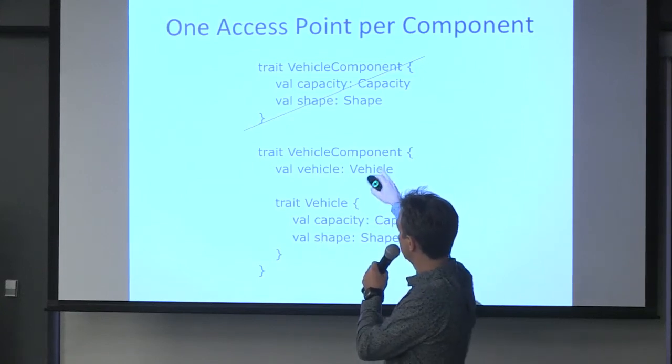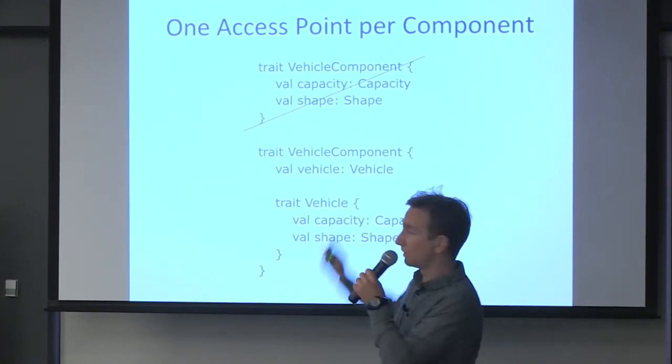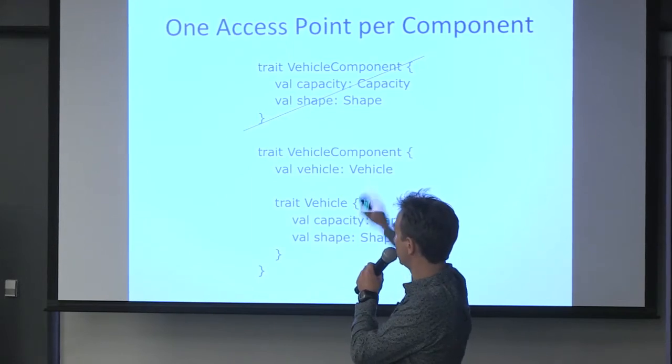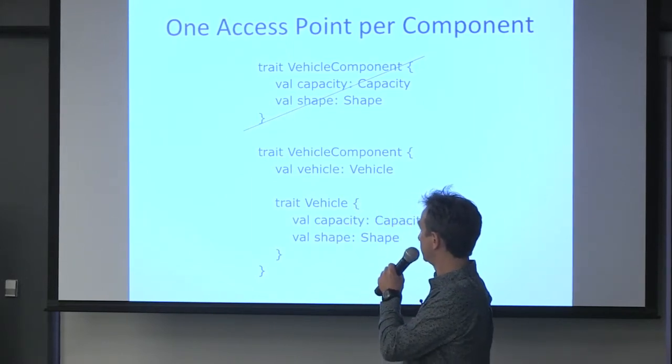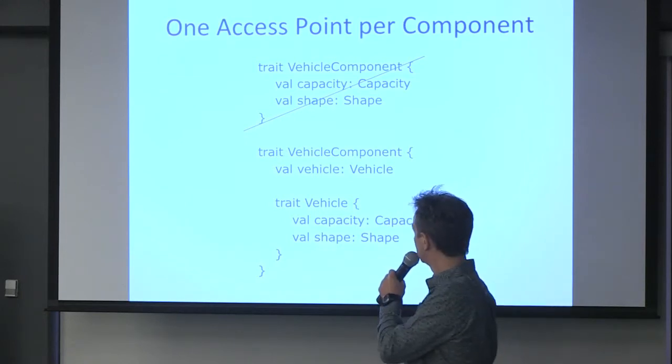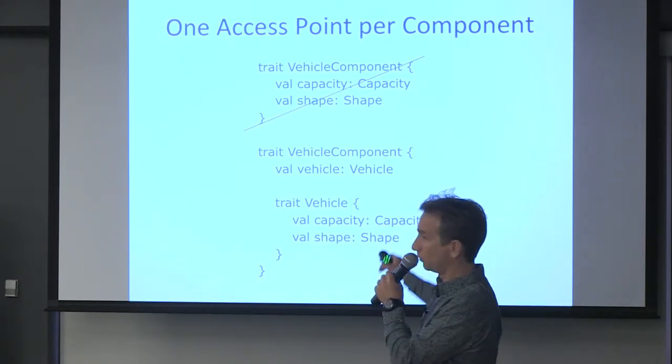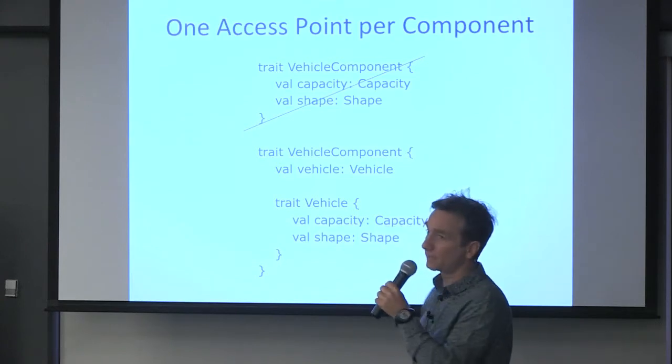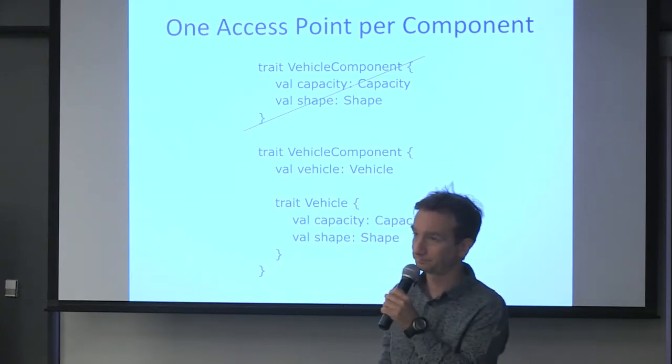So for instance, we're setting up a vehicle component. What we don't want is multiple access points like capacity, shape. We want to make sure we just have one access point, the vehicle. And if you want to have multiple things in there, then you can define that inside vehicle itself.